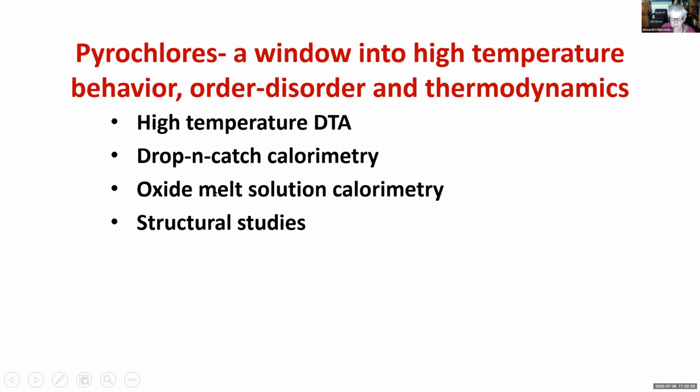Our main technique is oxide melt solution calorimetry, and we couple all of this with structural studies, and we collaborate with people who do theoretical calculations, particularly density functional theory and molecular dynamics.